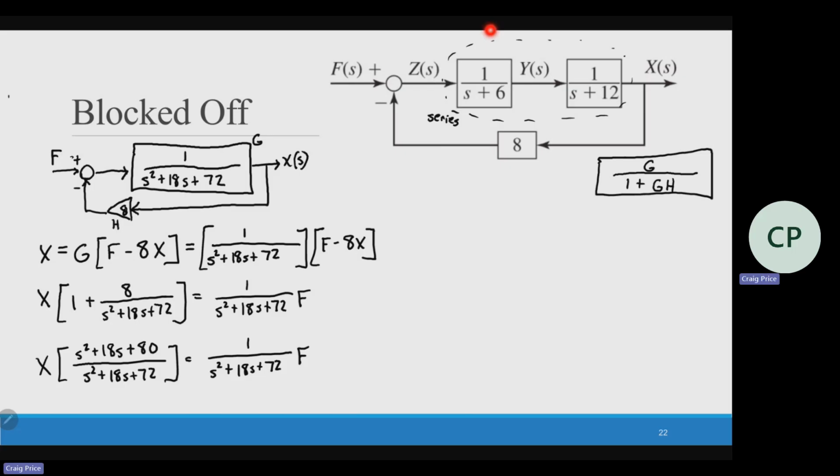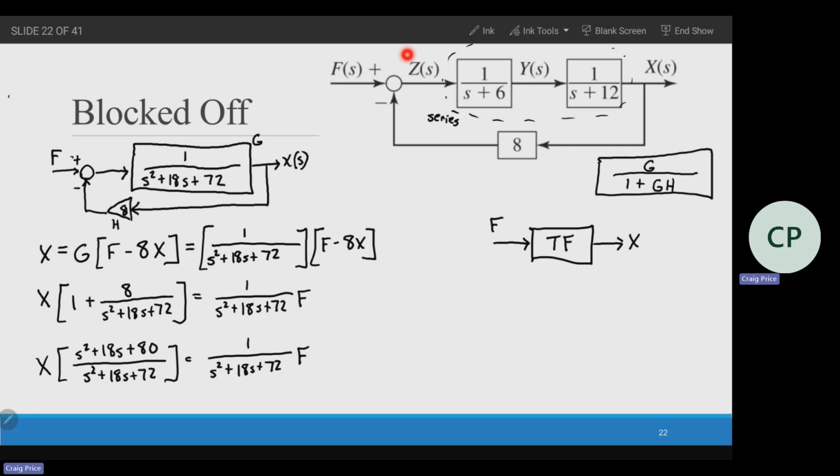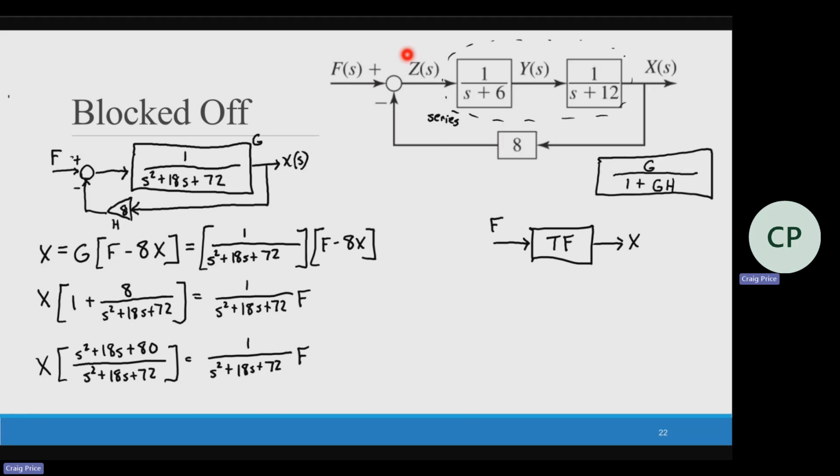So again, what I'm trying to get to is just one transfer function. So our goal is, here's f, here's my transfer function, and here's x. Just trying to get to one transfer function. So now I've gotten to a point where this cancels out, this cancels out.